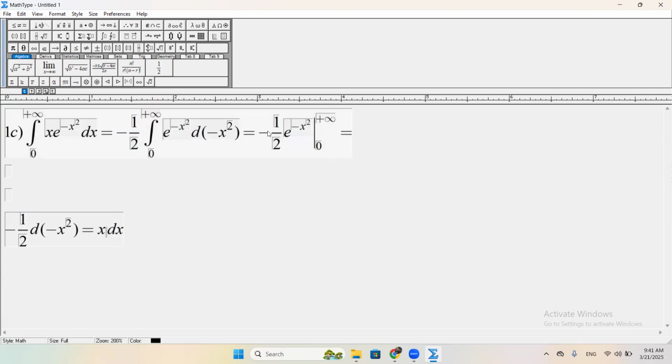When x approaches plus infinity, e to the power of minus x squared approaches 0. And when x equals 0, e to the power of minus x squared equals 1. So the result is 1 over 2. Any questions about this exercise?